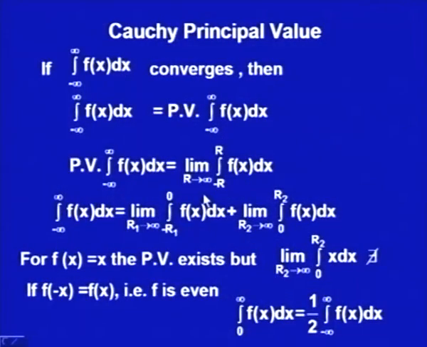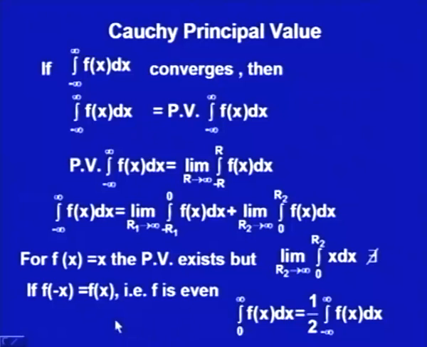But existence of Cauchy principal value does not guarantee the convergence of this improper integral. The other result which we have got is, if my function f is an even function for all x, then the existence of Cauchy principal value says convergence of the improper integral.